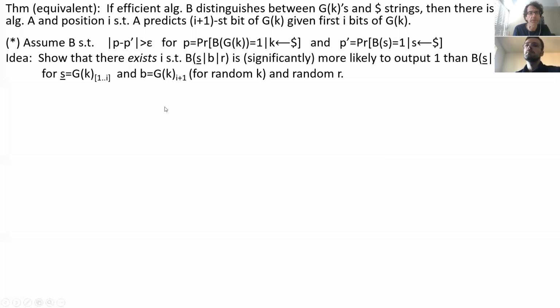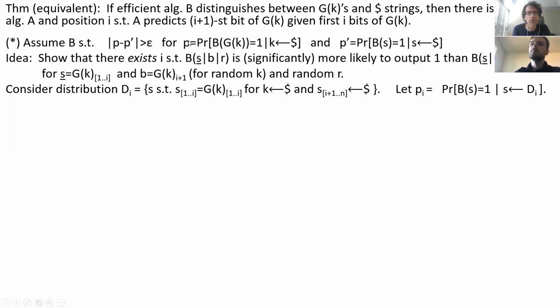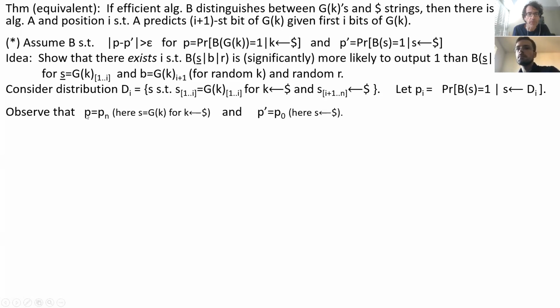Okay, so we're back at the same notation as before. So I think I just messed up this line. Sorry, I didn't notice. So now P is at the outputs of a PRG, and P prime is at random strings.